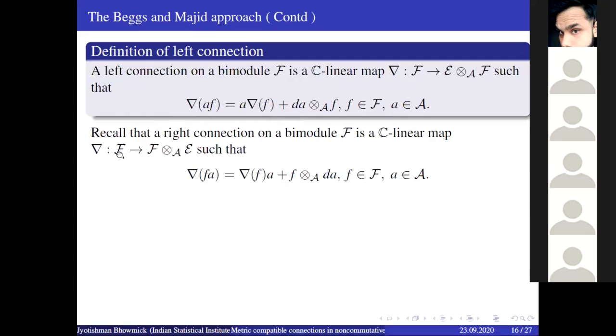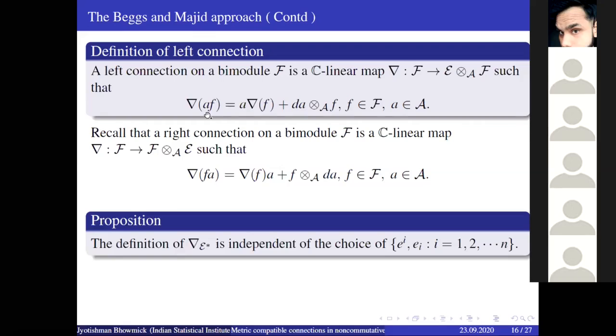A right connection takes value in F tensor, a left connection takes value in E tensor. For a right connection, I only know what happens if you apply nabla to FA. For a left connection, I know what happens if you apply nabla to AF. This is just a side remark.